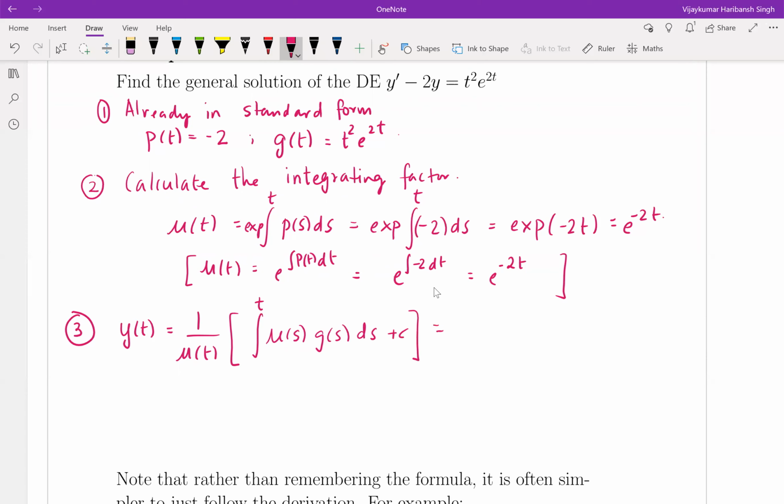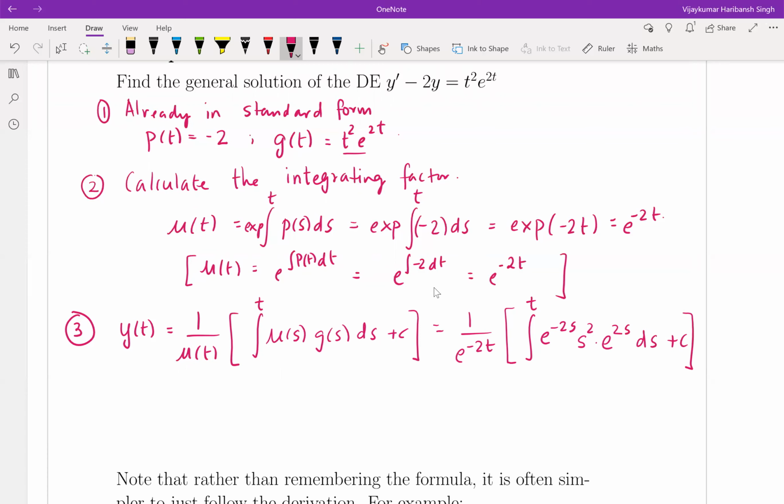So this is going to be 1 by e to the minus 2t times the integration of mu of s, which is e to the power minus 2s, because wherever there is t, you write s, times s square e to the power 2s, which is what g of s is, ds plus a constant c.